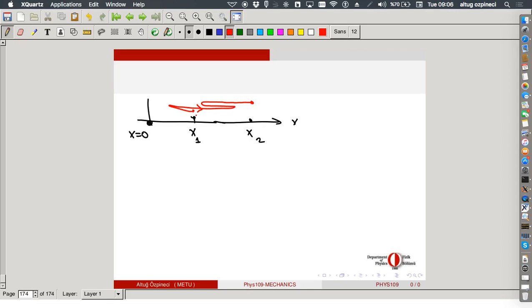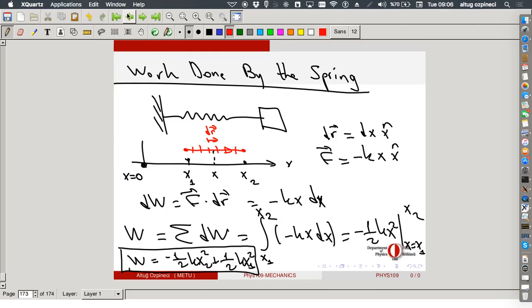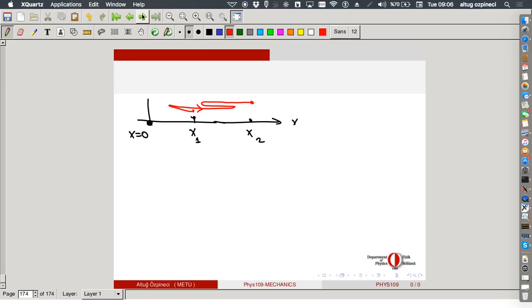Well, in this case, I don't even need to divide my path into very small segments, because I already know the result for a straight segment of some finite length. I can just take this weird path and divide it into straight paths. Here is one path from here to here, here is the other path, this is the second one, the third one, and the fourth one.